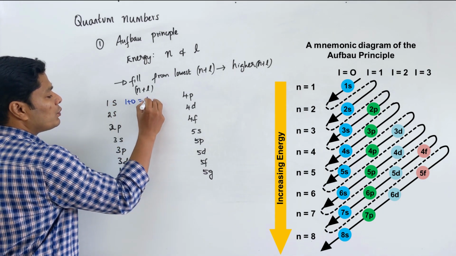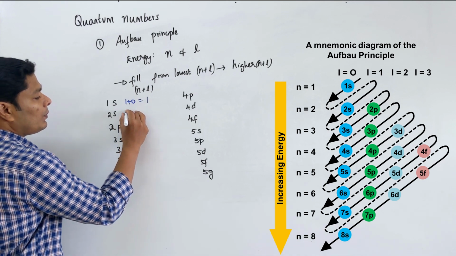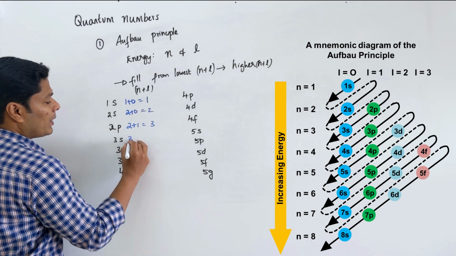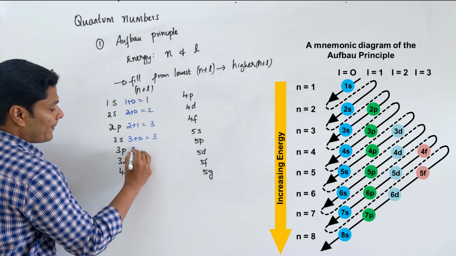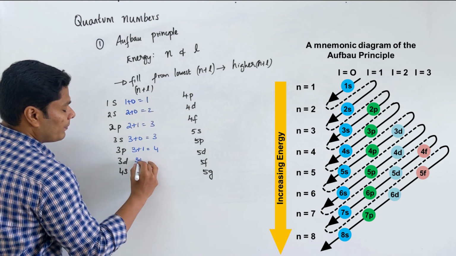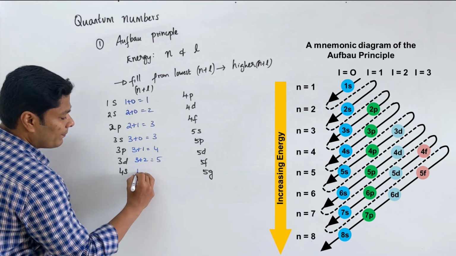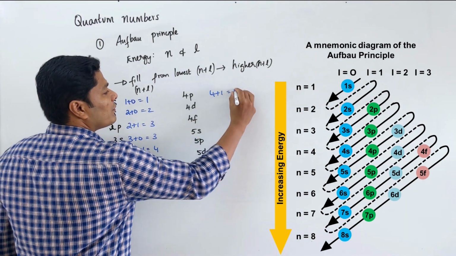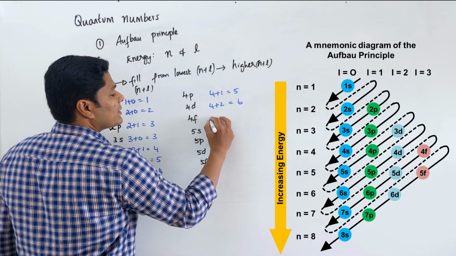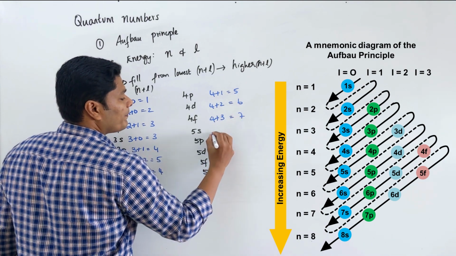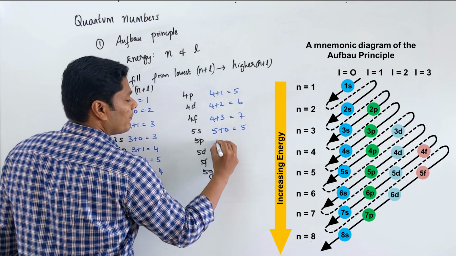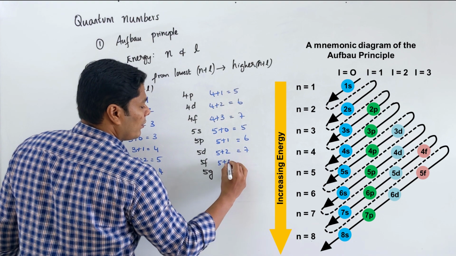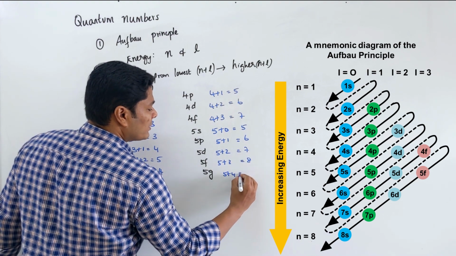So 1 plus 0 equals 1, 2 plus 0 equals 2, 2 plus 1 equals 3, 3 plus 0 equals 3, 3 plus 1 equals 4, 3 plus 2 equals 5, 4 plus 0 equals 4, 4 plus 1 equals 5, 4 plus 2 equals 6, 4 plus 3 equals 7, 5 plus 0 equals 5, 5 plus 1 equals 6, 5 plus 2 is 7, 5 plus 3 is 8, 5 plus 4 is 9.